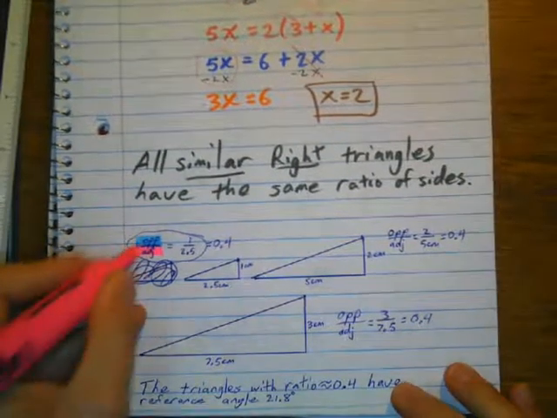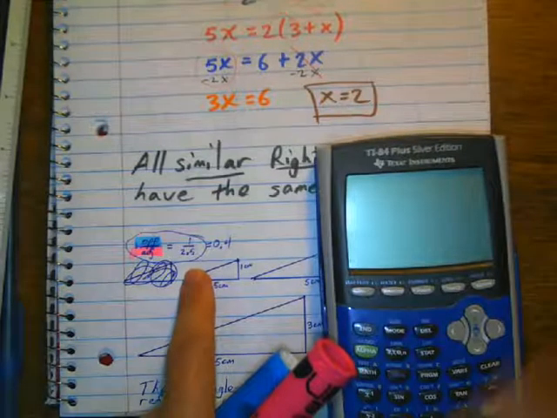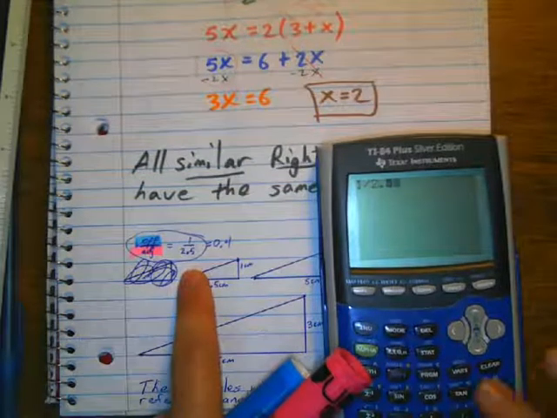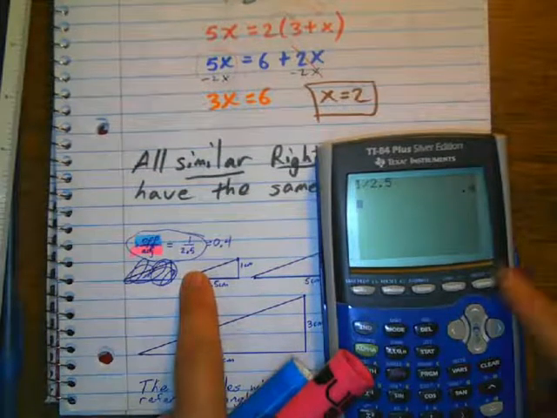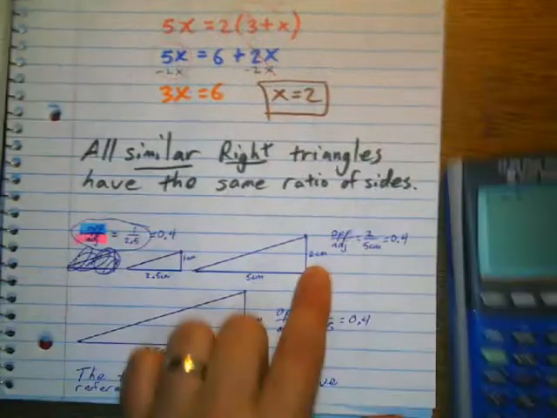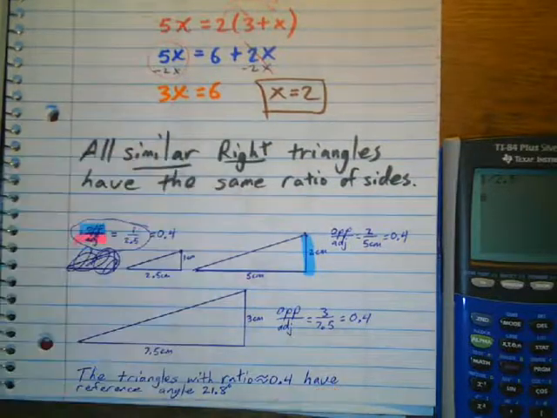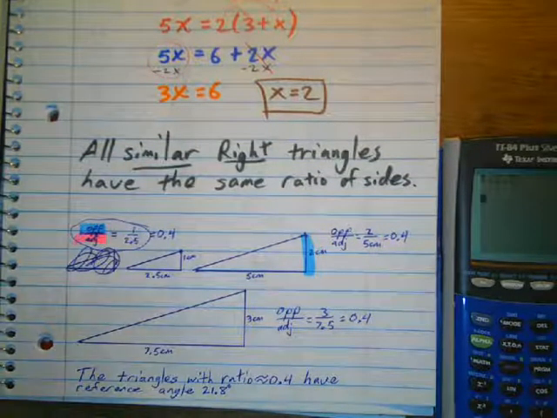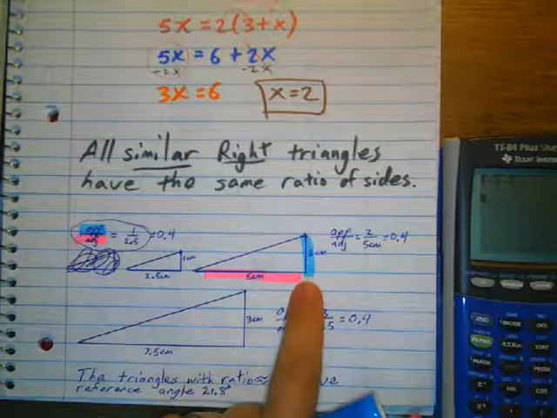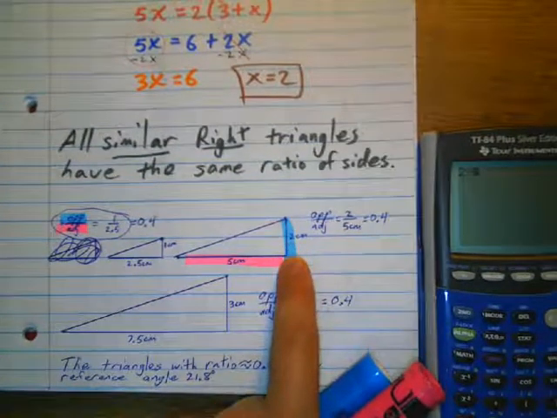So if I'm using a calculator, I can see that the opposite side, which is 1 divided by 2.5, we end up getting 0.4. Okay? And then if I take this opposite side and divide it by the adjacent side, we get 2 divided by 5.